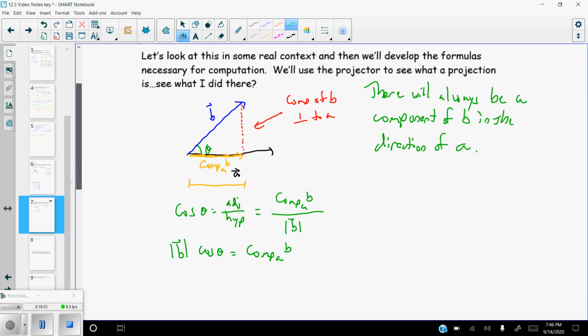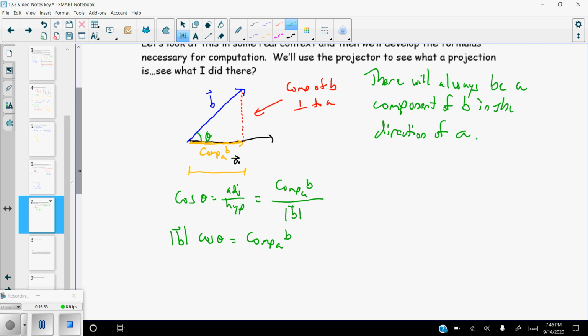All right, well, this part, maybe you're not going to follow as well, or maybe you will. I can multiply both sides by the magnitude of A. And hopefully you're going to see why I would do that.